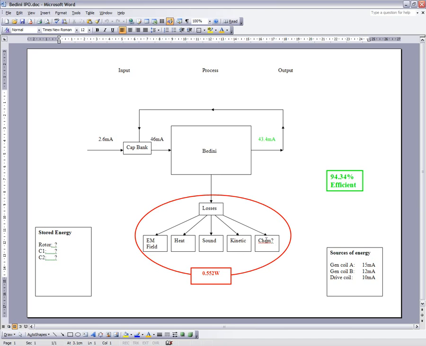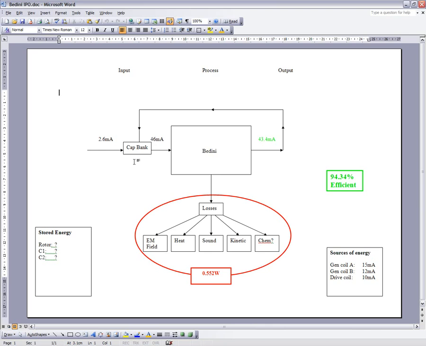Chemical. I've included that with a question mark because there has to be some sort of chemical loss because I'm using a cat bank. The inside workings of the capacitors have to lose energy somehow. It can't be 100% efficient.